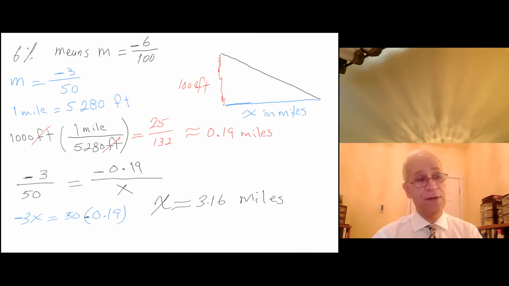Don't forget to convert from feet to miles, because we have to use the same units. And finally, don't forget that 1,000 feet is 0.19 miles, but 1,000 feet going down is -0.19. Well, I hope you find this video helpful, and thank you.